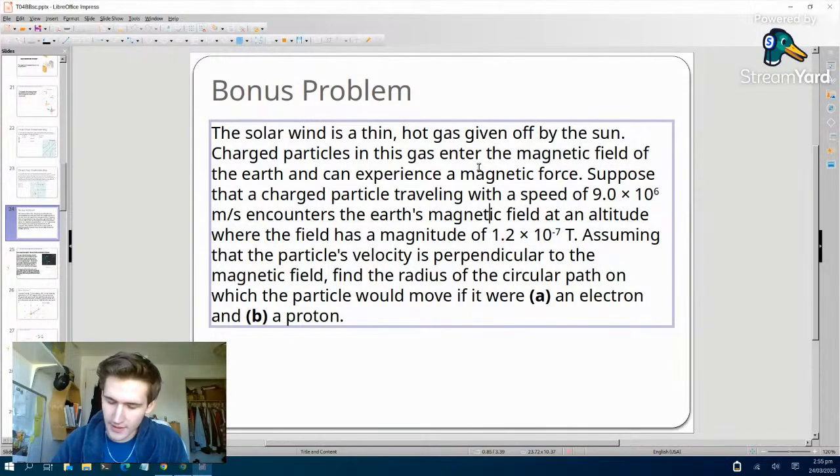So it's going to be F equals QVB sine theta. So we're going to find the force for an electron and for a proton. The charge for both is going to be the same.